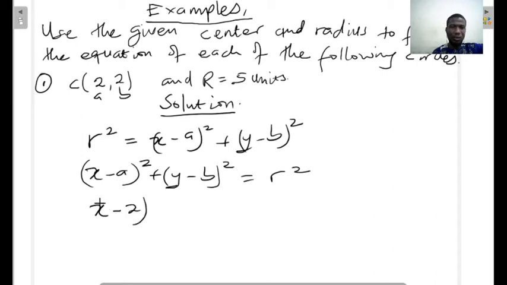minus 2 all squared plus (y - 2) all squared equals 5 squared.